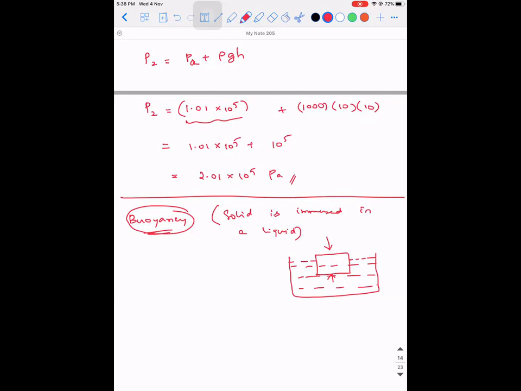Okay, so write it down. If I ask you about buoyant force, what will you say? It is an upward force exerted by whom?